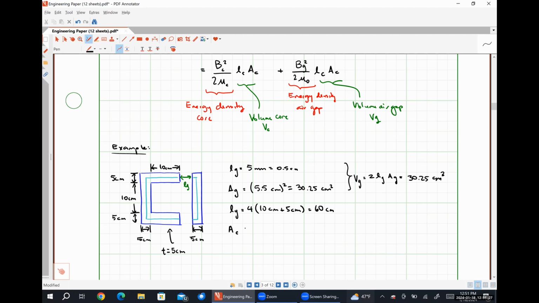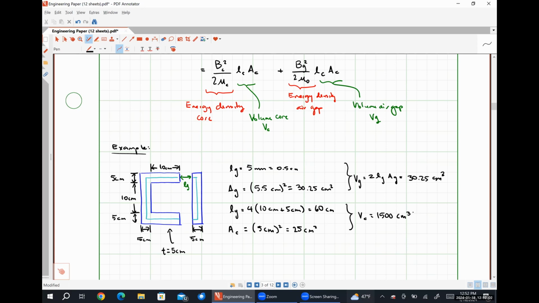The area of my core is just 5 centimeters squared, or 25 centimeters squared. And so from this, the volume of my core comes out to be 1,500 centimeters cubed. So before we move on from here, I just want to point something out that's actually kind of obvious. The volume of our core is way, way, way larger than the total volume of our air gap.